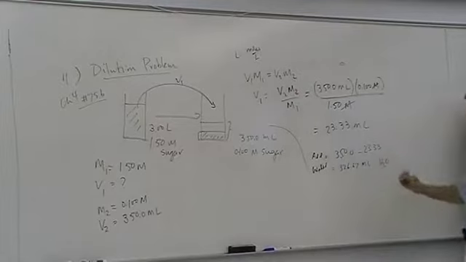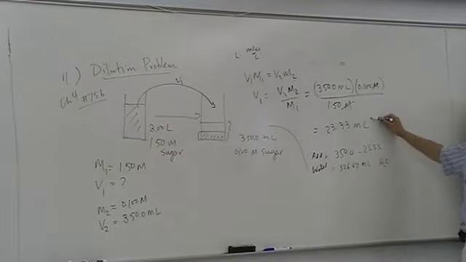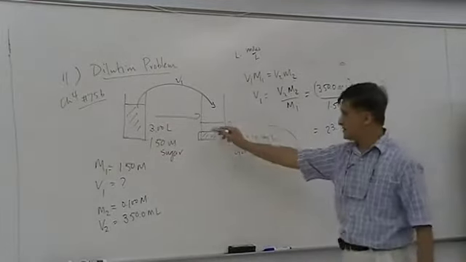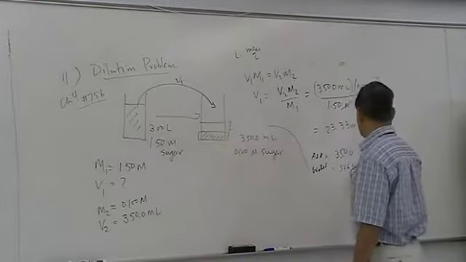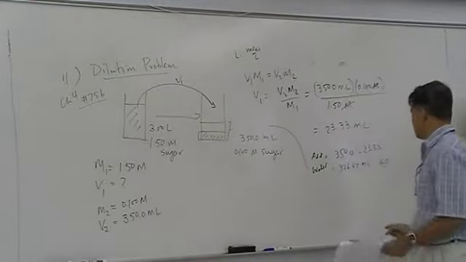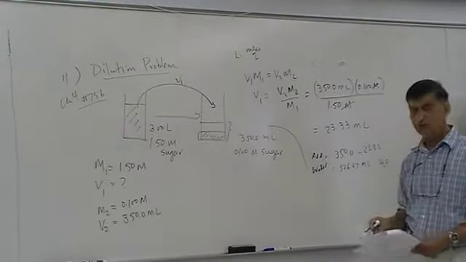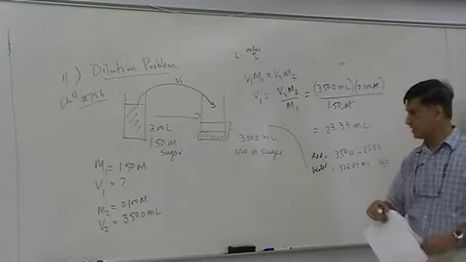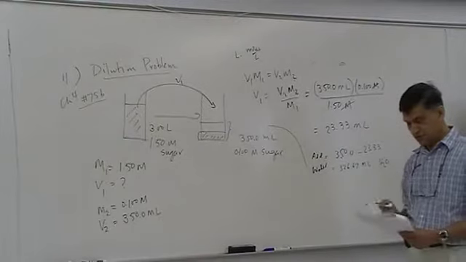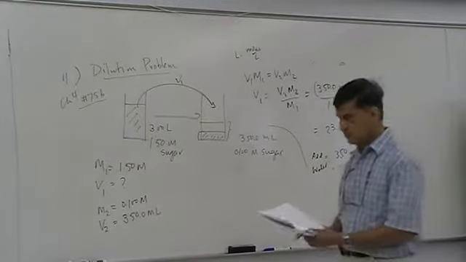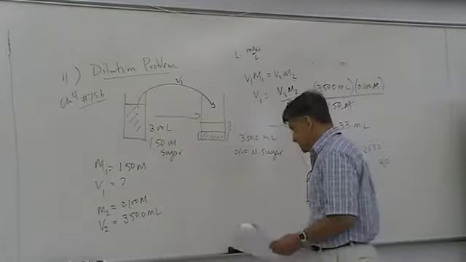So basically you take 23.33 ml from concentrated solution and add 326.67 ml of water to get that solution. And there will be a question like this in the exam, and make sure you know how to do it. Next problem would be a titration problem.